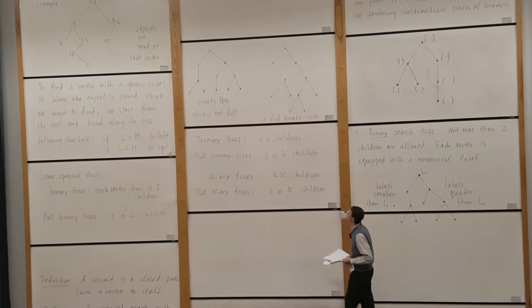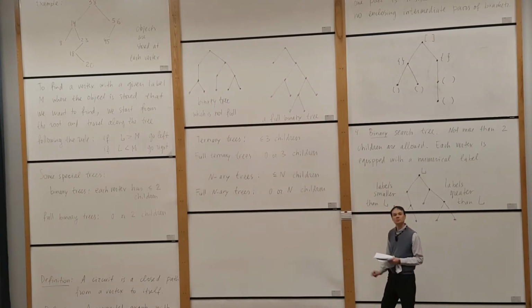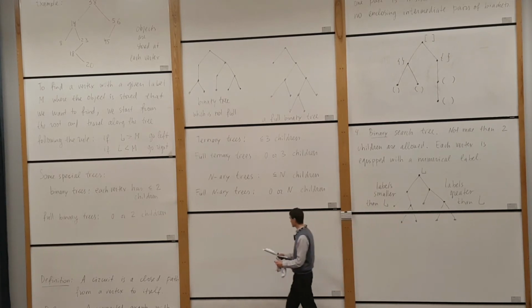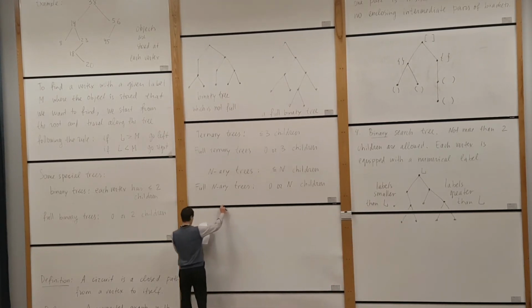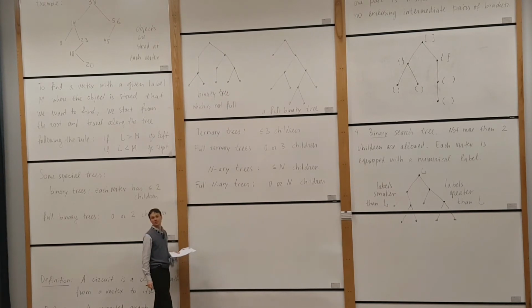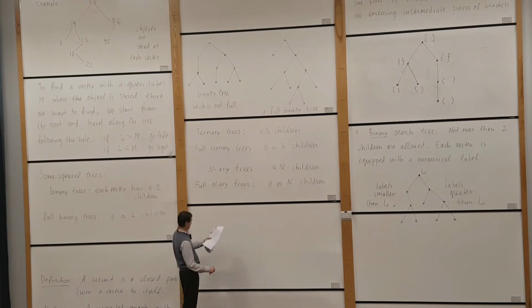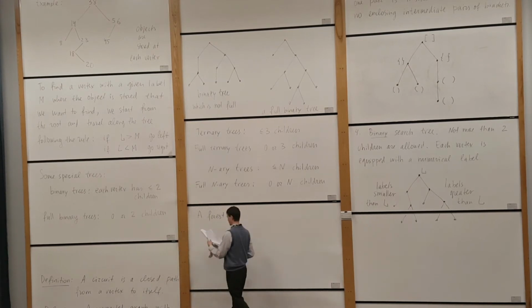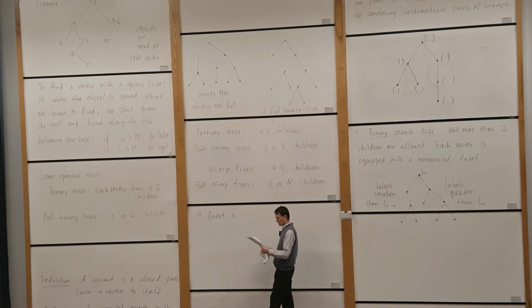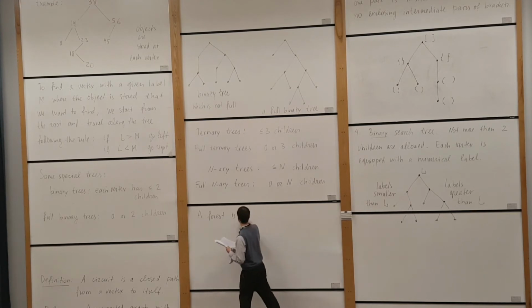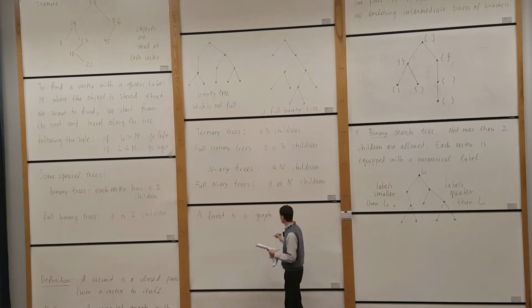Okay, so in some problems we will be dealing with this type of trees, with this special property. Another notion which I will be using is that of a forest. It's another piece of terminology which comes from botany. A forest is a graph for which each connected component is a tree. Is a graph disconnected, right?